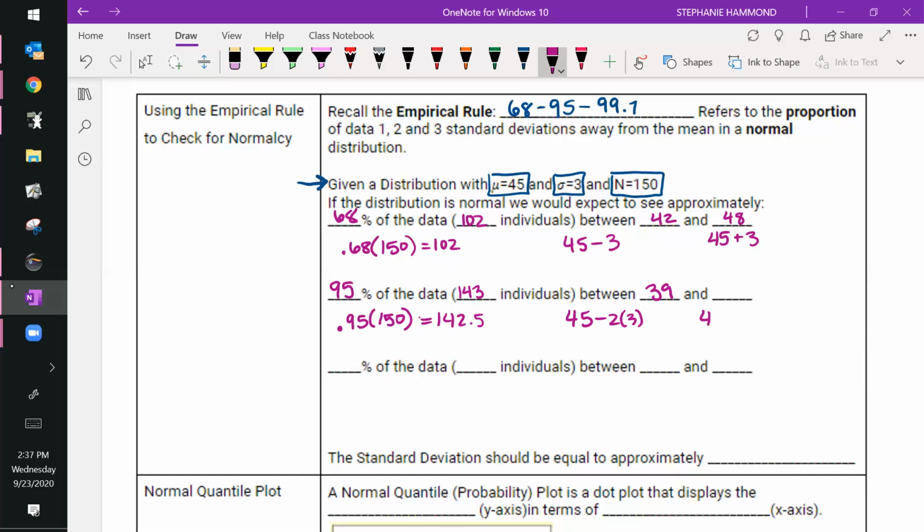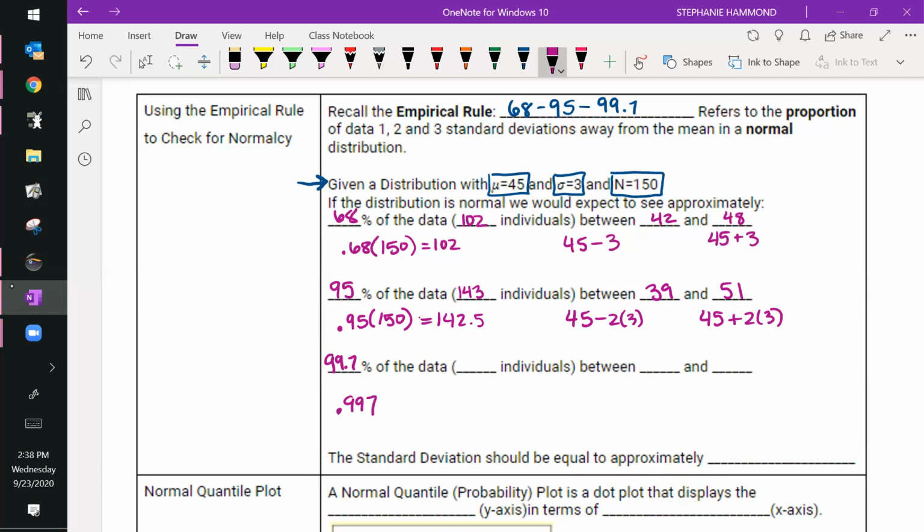Take my mean and add 2 standard deviations, or 6, which gives me 51. So now, again, we expect, if this is truly normal, that 143 out of 150 individuals, which is 95%, will have a value between 39 and 41. And we can apply this again to the last part of the empirical rule, 99.7. What is 99.7% of the data?